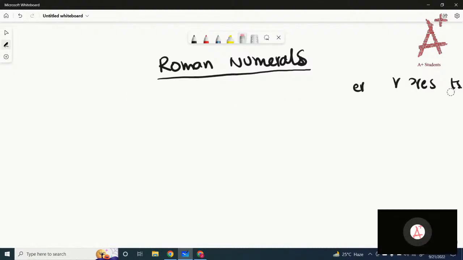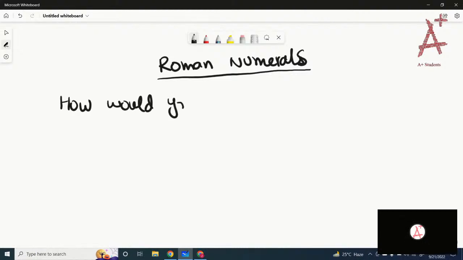Okay, now we are given a digit and we have to write the digit as a Roman numeral. How would you write 8 as a Roman numeral?